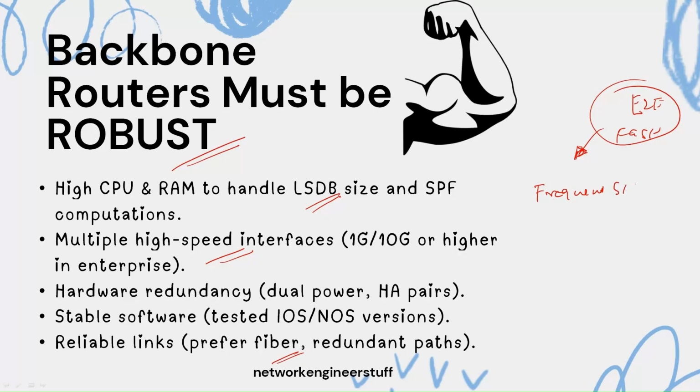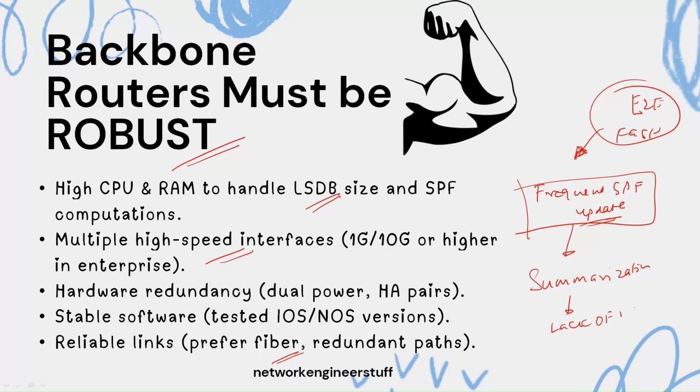We saw that frequent SPF updates can cause multiple issues like high CPU utilization, high bandwidth utilization, etc. And we saw a solution to that, that is summarization. But again, this summarization leads to a problem of lack of visibility.